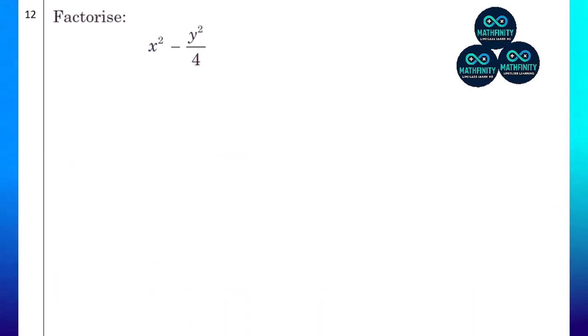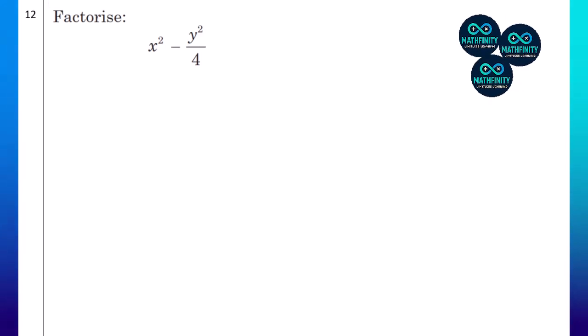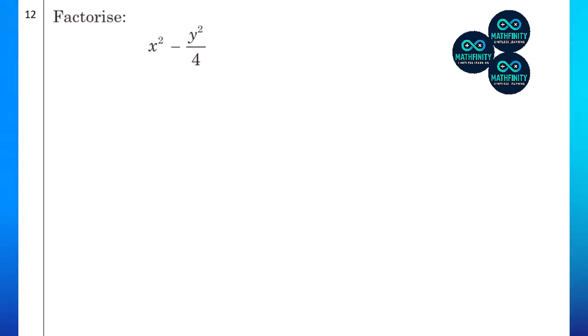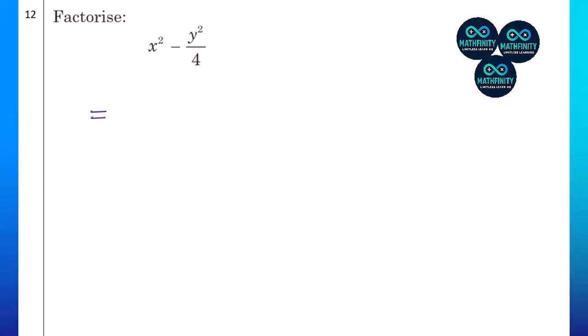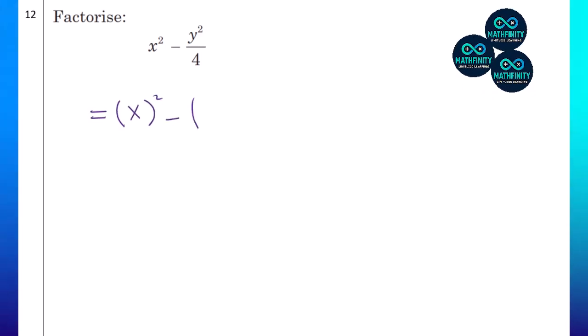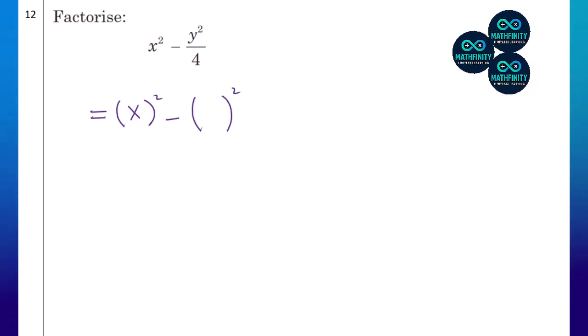Question number 12. Factorize x square minus y square over 4. Sometimes they give you a fractional form, like in this situation. Two terms are there and no number is common, no variable is common. So we will try to complete the squares. In the first bracket, we write x normally minus what do we write here? Here some students make mistakes, so you should take care.